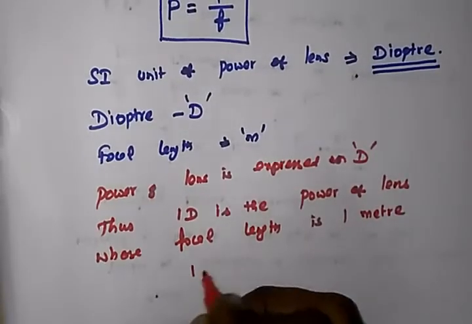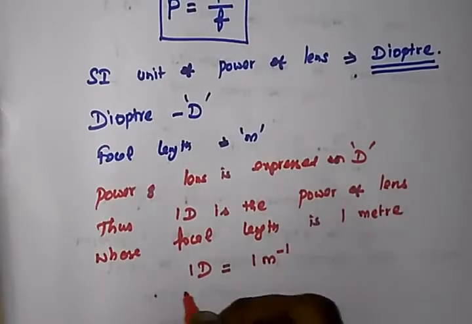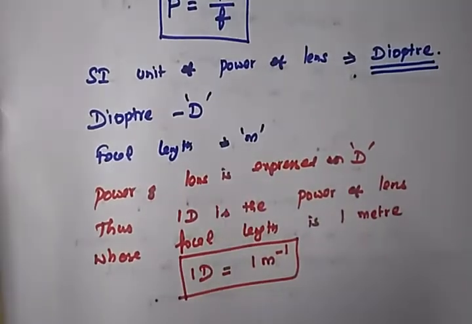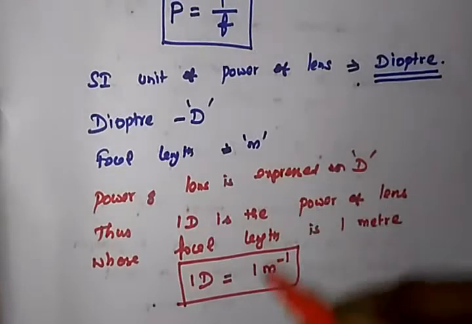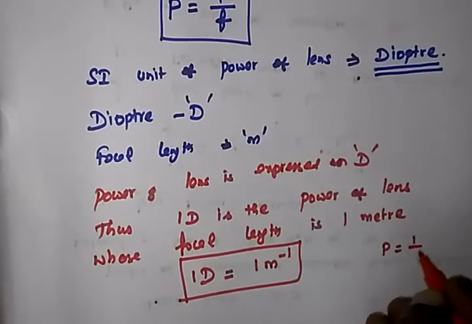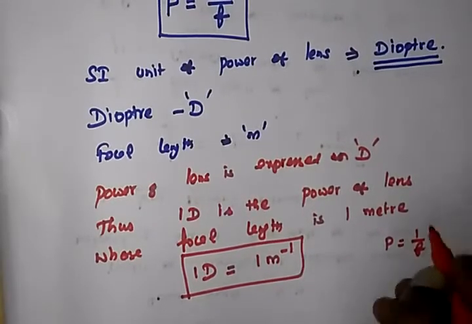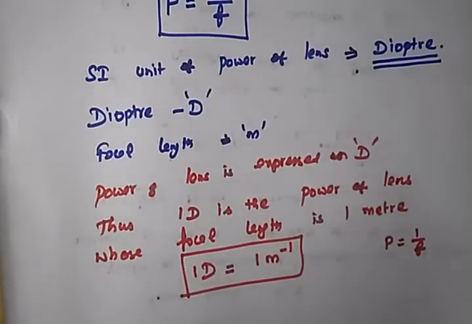So 1 D equals 1 meter power minus 1. The formula for power of lens is P equal to 1 by f. Since f is represented in meters, 1 by meter becomes meter power minus 1.